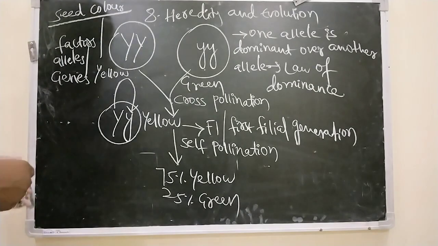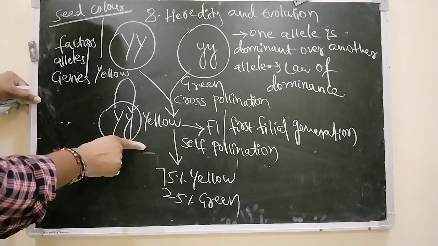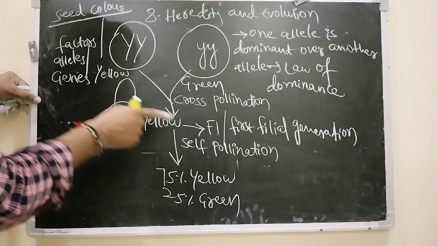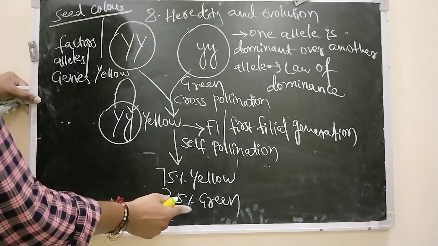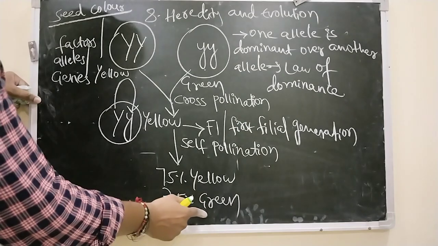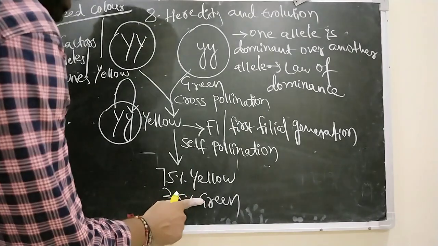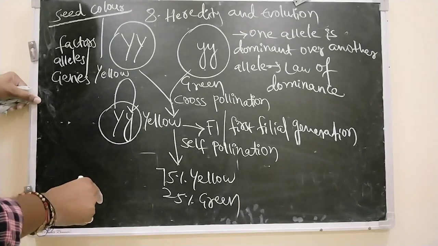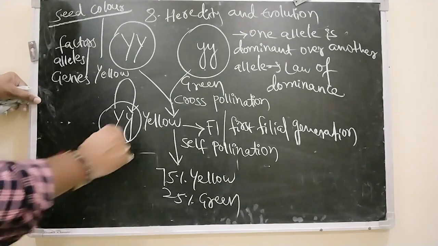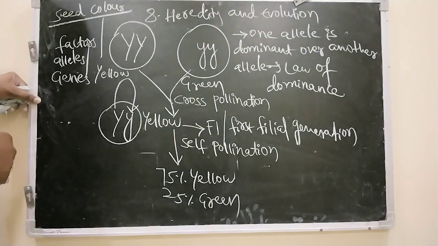Next, even though there are no green color seed producing plants here, how are they obtained? How do the plants here contain green color seeds? According to Mendel, the alleles are separated during gamete formation.